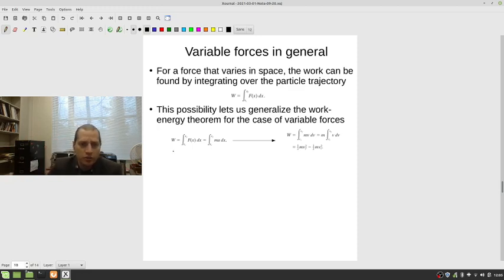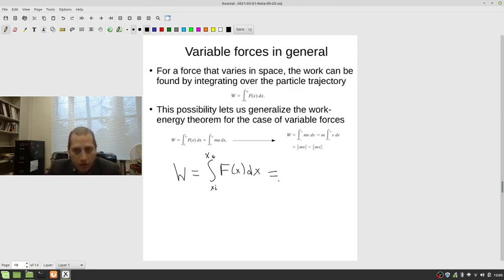Let's quickly show that we don't need to make that assumption. So the work is going to be the integral from x initial to x final of the force times the distance. And this force is varying with respect to displacement.